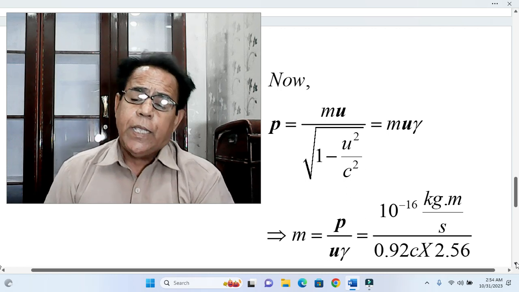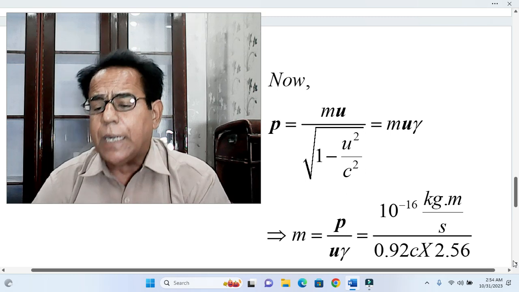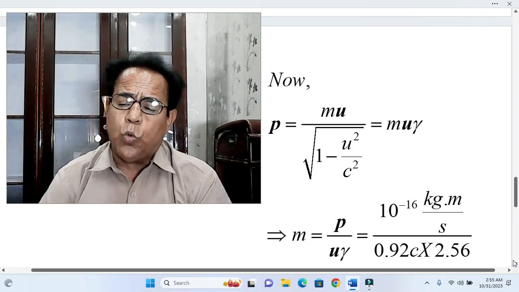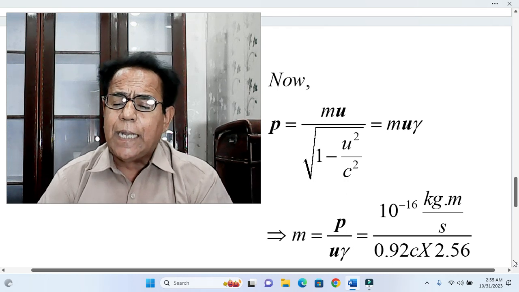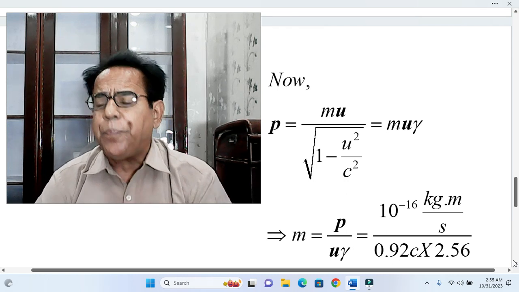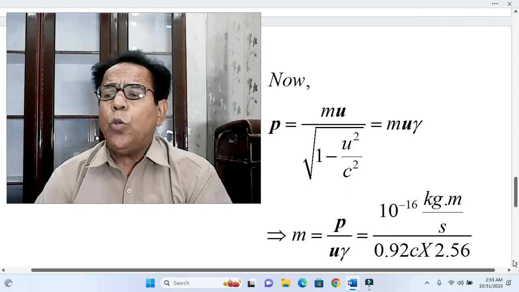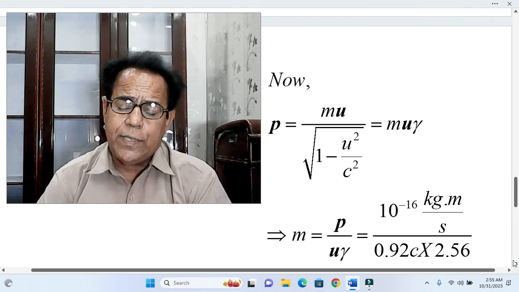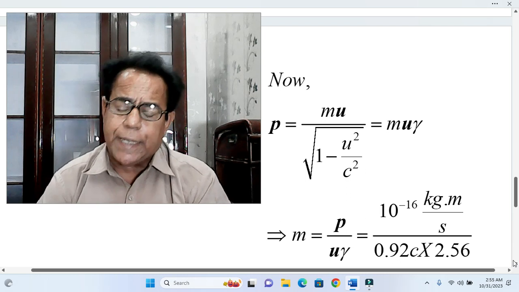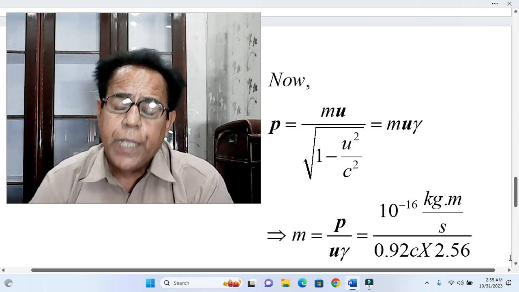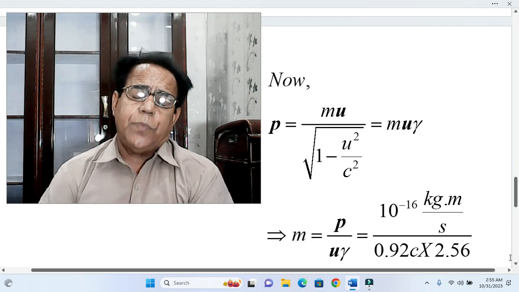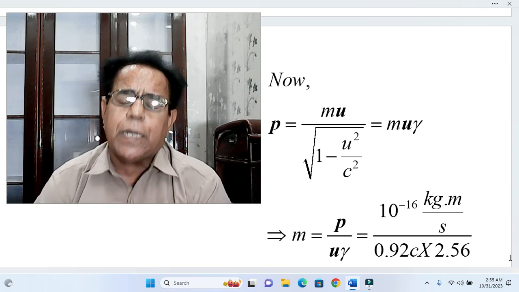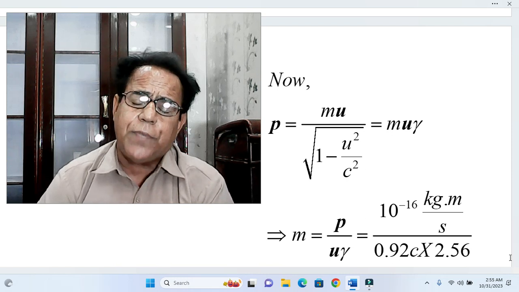Classical momentum is simply P equal to mu. In classical momentum, the Lorentz factor gamma has nothing to do. Only in relativistic momentum do we multiply the classical momentum formula with the Lorentz factor gamma.